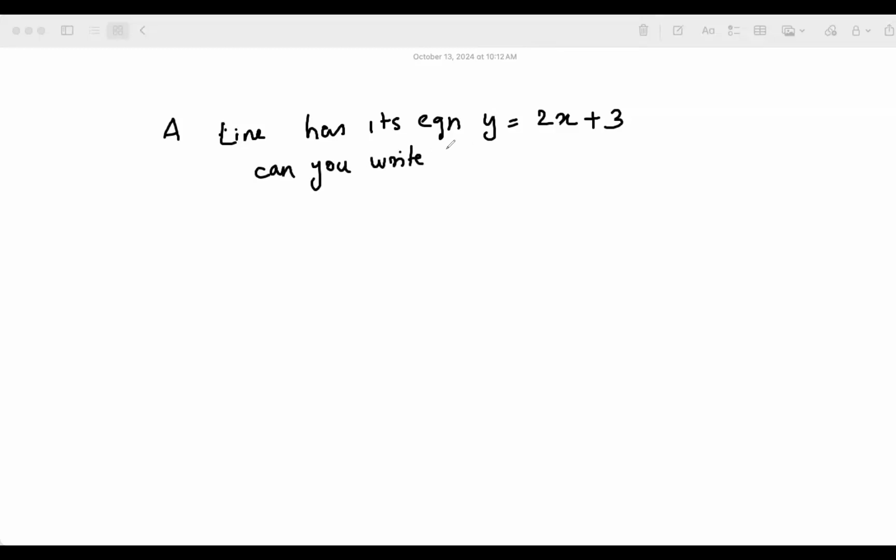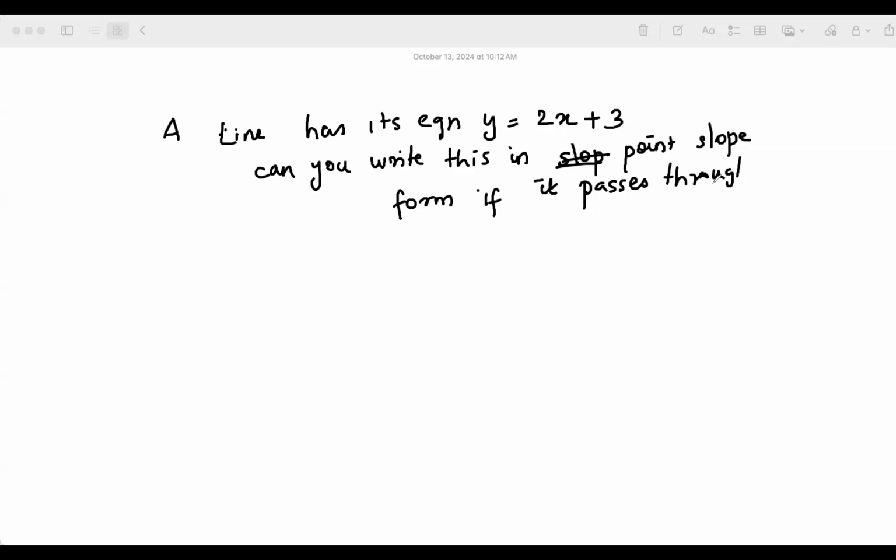Can you write this in point slope form, if it passes through minus 1 comma minus 2? Quick guess. Should be easy.